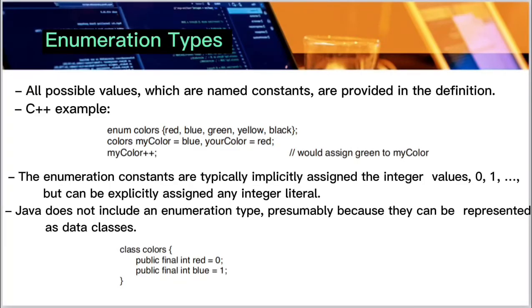In enumeration types, all possible values, which are named constants, are provided in the definition.